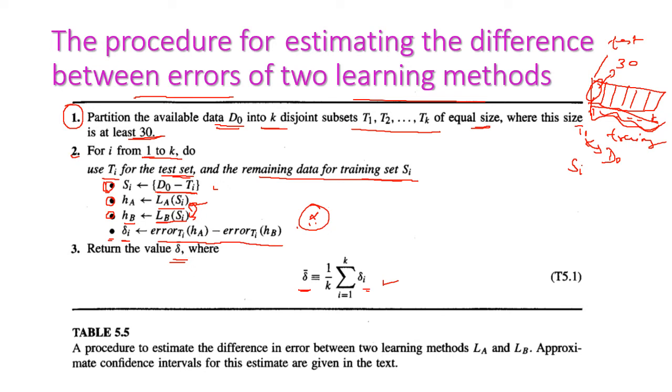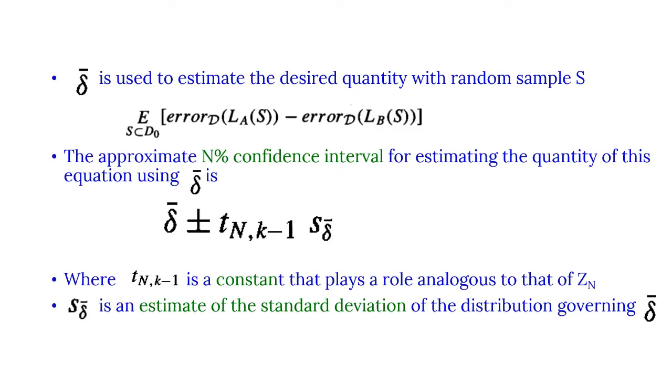Here delta bar is used to estimate the desired quantity with random sample S. The estimator S belongs to D0. S is the sample and D0 is the entire population, so obviously S is a subset of D0.